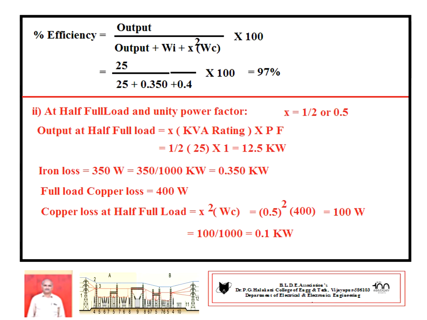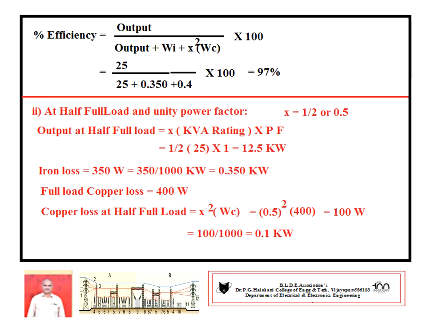Similarly, case number 2, at half full load and power factor remains the same, 1. What is the value of X, sir? At half full load, X equal to half or 0.5. kVA rating as it is. Power factor given 1. X half, kVA rating 25 into 1. How much does it become? 12.5 kilowatt. Sir, iron loss same.